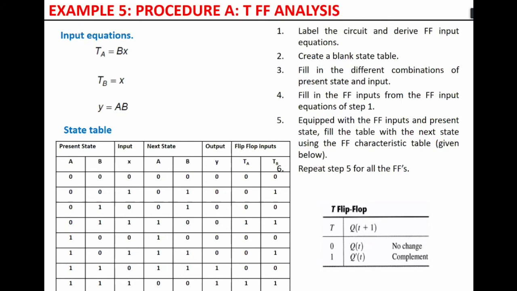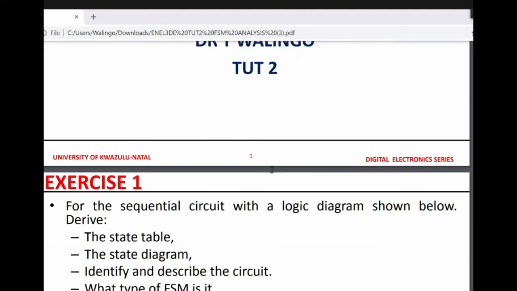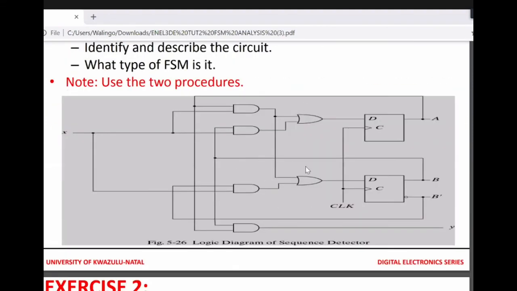Okay, our time is almost up. That was a full lecture. Now, the next thing is the TAT. It is already on Moodle. Yes, the TAT is uploaded on Moodle. Whoever is asking, it's on Moodle. That is a circuit that you need to analyze.